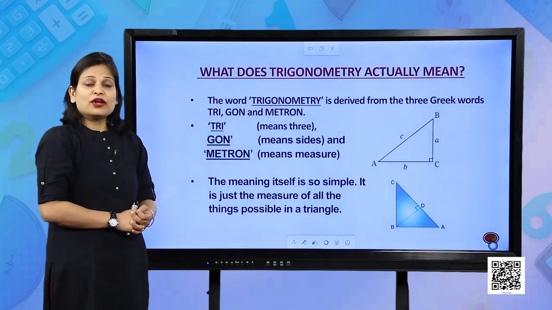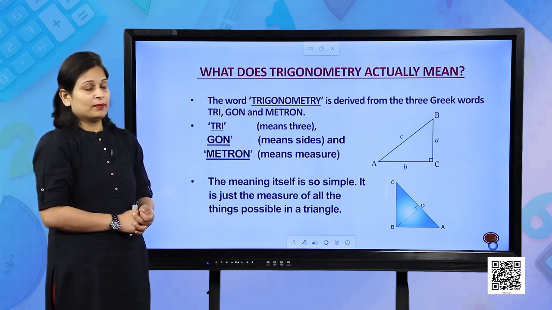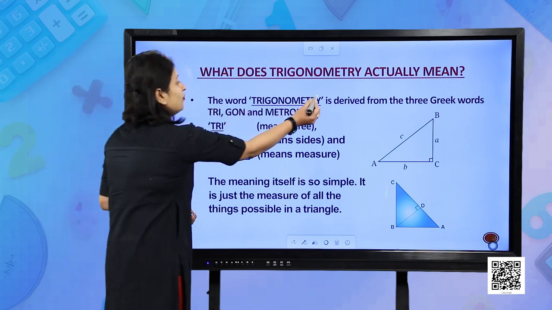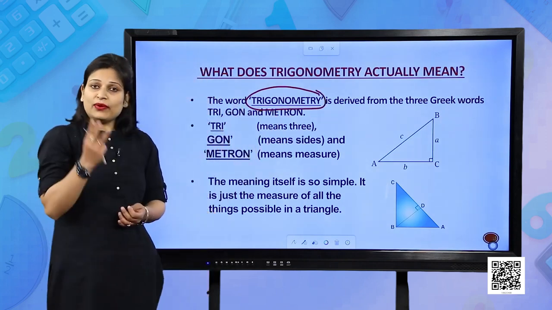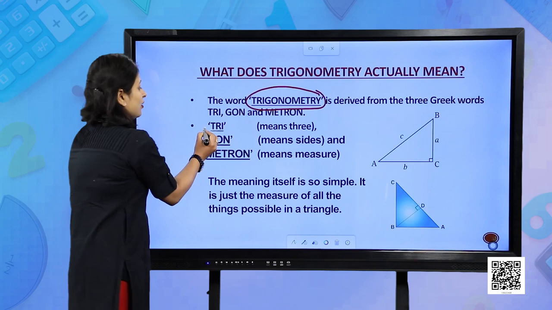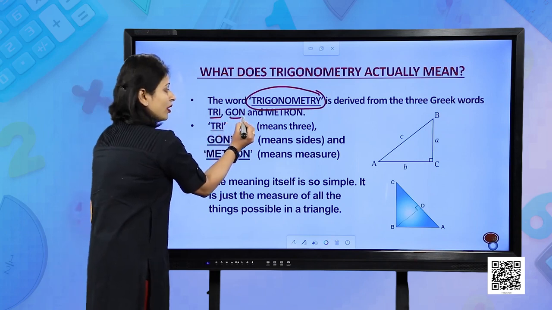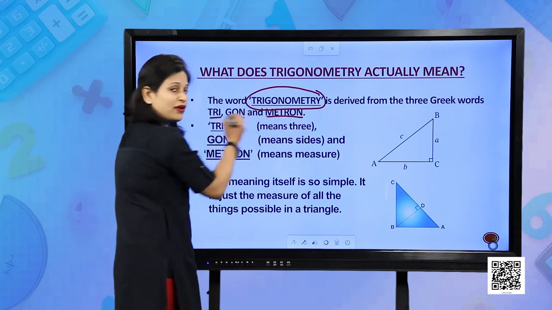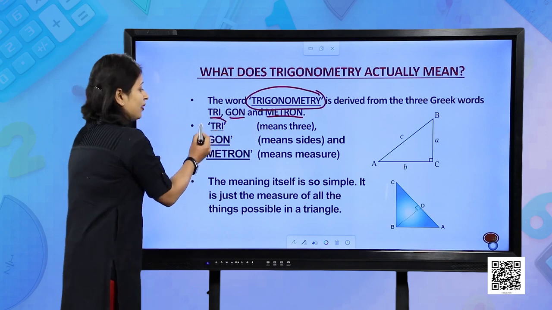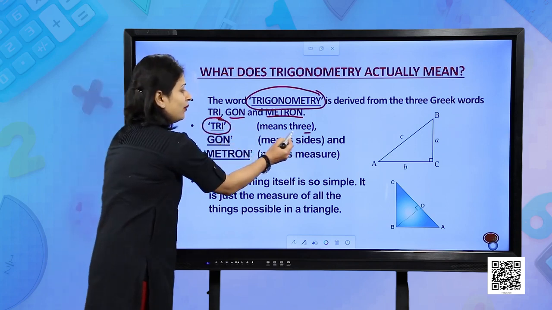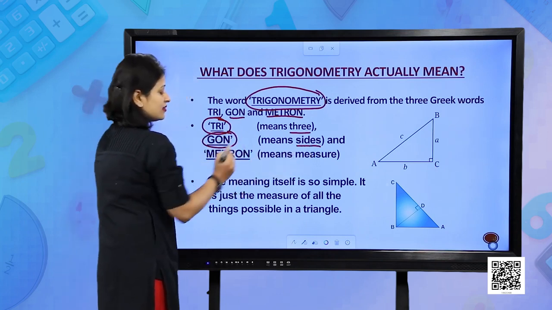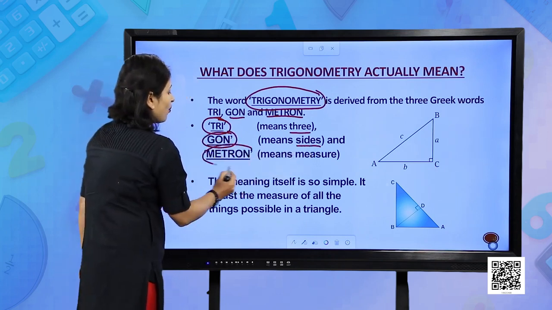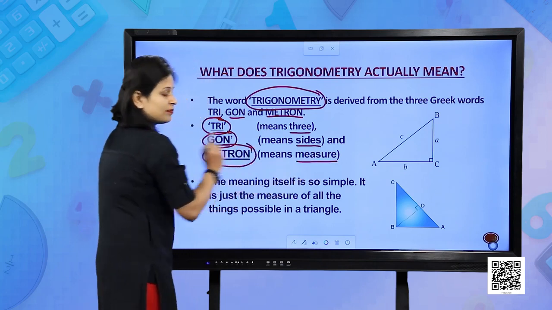What does trigonometry actually mean? The word trigonometry is derived from 3 Greek words, tri, gon and metron. Here tri means 3, gon means sides and metron means measure.